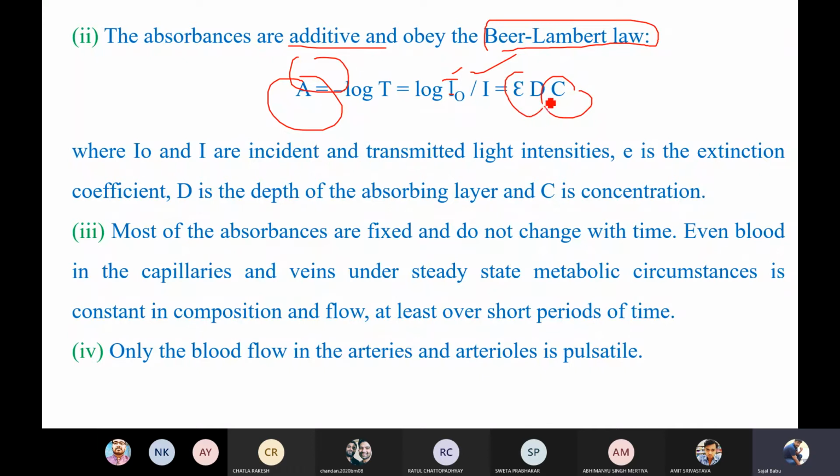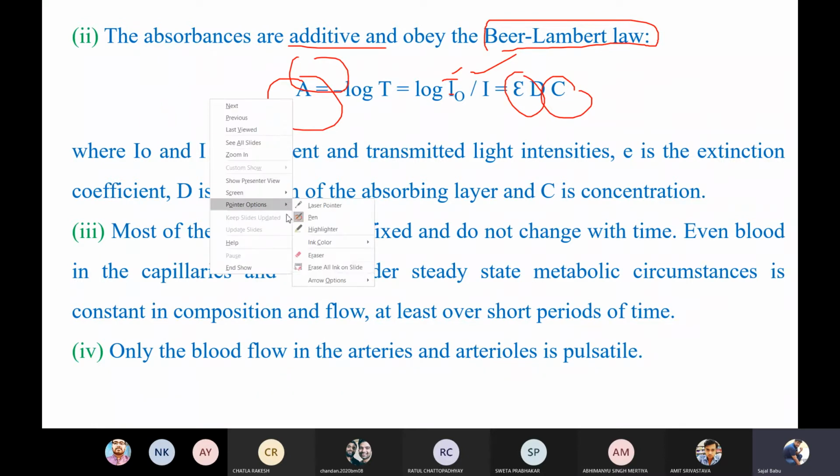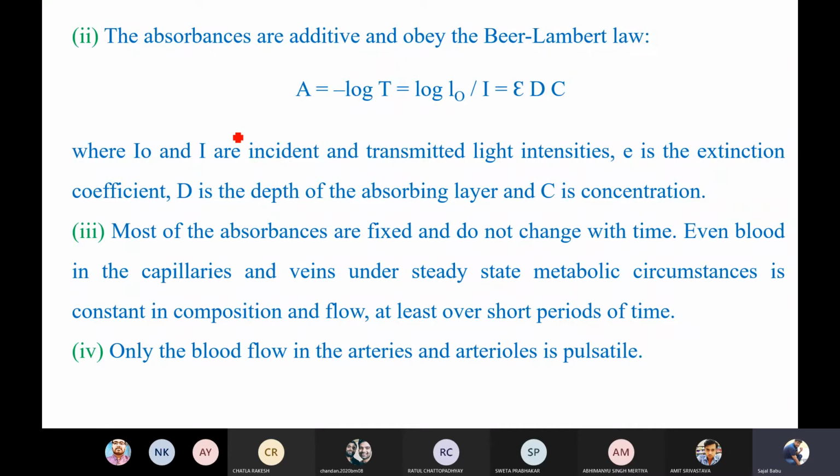Then this will be your extinction coefficient, and this will be your depth, how deep the layer is where you connected your pulse oximeter, and C will be the concentration. Okay, so don't go through this formula, this may confuse you. Just remember that the absorbances are additive and obey the Beer-Lambert law.